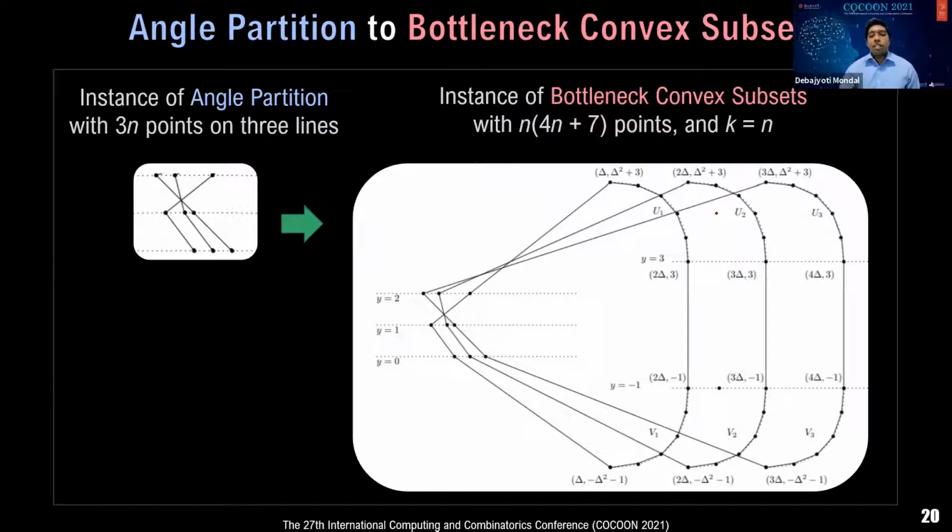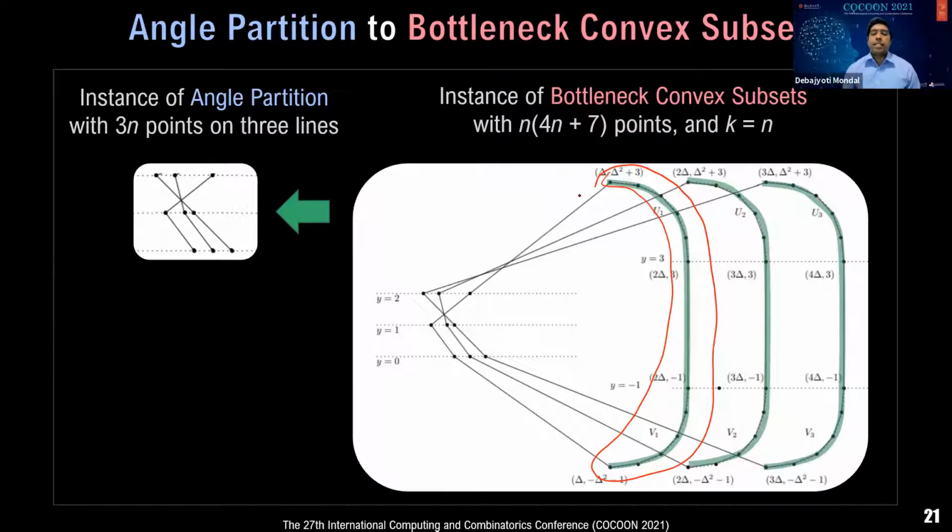And in the opposite direction, if there is a solution of the bottleneck convex subsets, then we show that each convex subset must contain these big convex subsets. Since the solution must contain this, to cover all the points here so that we have a balanced partition which maximizes the minimum cardinality, each of these must have 3 points from the left.